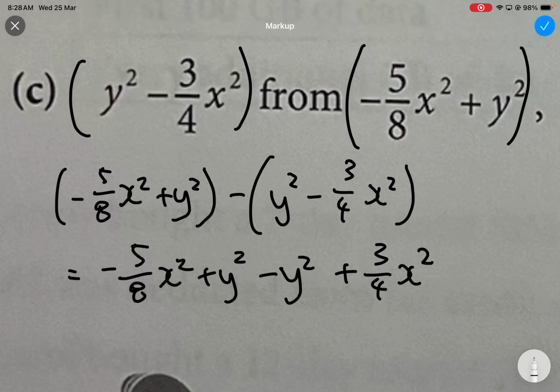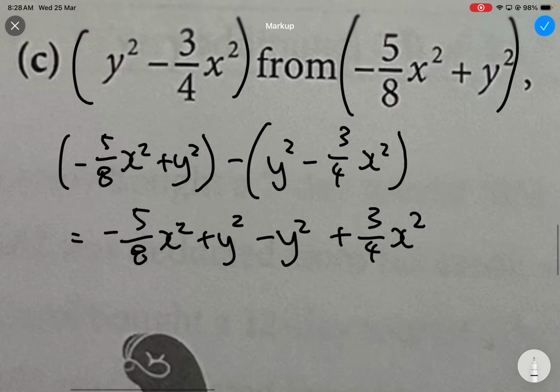Okay, let me find something. Who need to go toilet? Go. Go. Yeah, lor. I also hear some noise. How come? From outside.